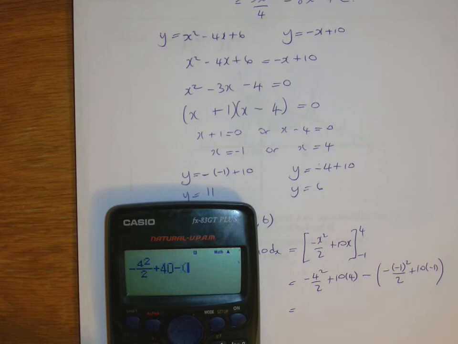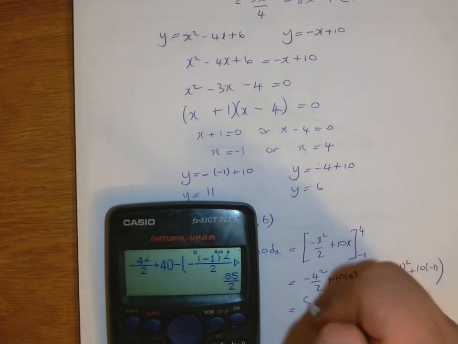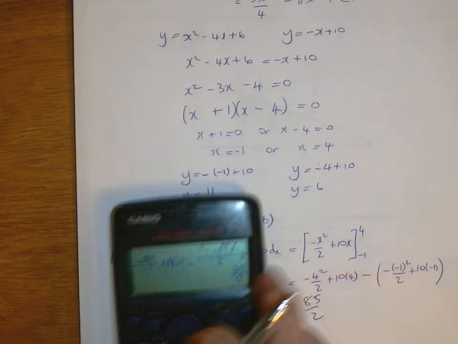Take away that in bracket, and remember to put that minus 1 in the bracket before you square it, because otherwise you're going to have an error in your working. Plus then 10 times minus 1, so that'll just be minus 10. Close bracket, and I get my answer, 85 over 2, which is the area under the line.